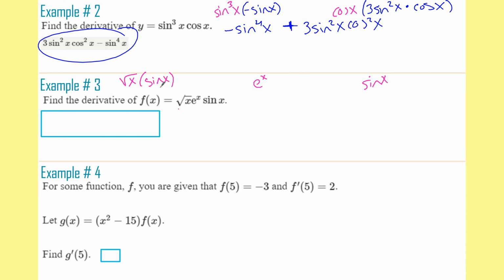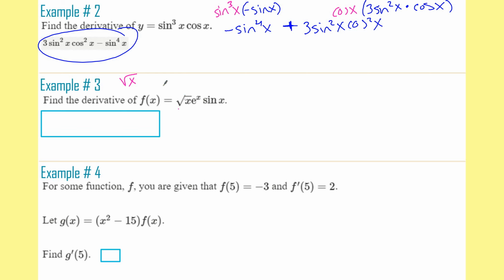I'm trying to figure out the best way to explain this. Let me try this again. I don't like how I explained that. Sorry, it's a little late, a little tired.